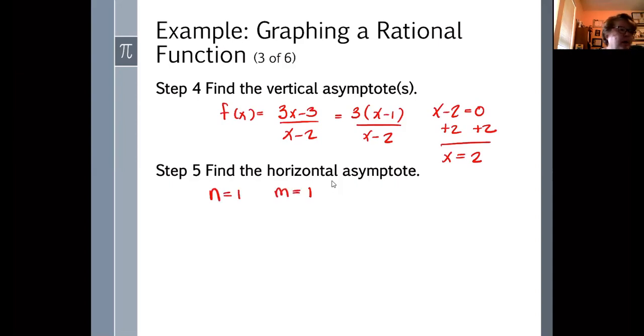And since the numerator degree equals the denominator degree, we can find the horizontal asymptote by taking a ratio of the leading coefficients. So it would be y equals 3. The leading coefficient in the numerator is 3 over 1. There's an understood 1 in front of that x. So our horizontal asymptote is y equals 3.